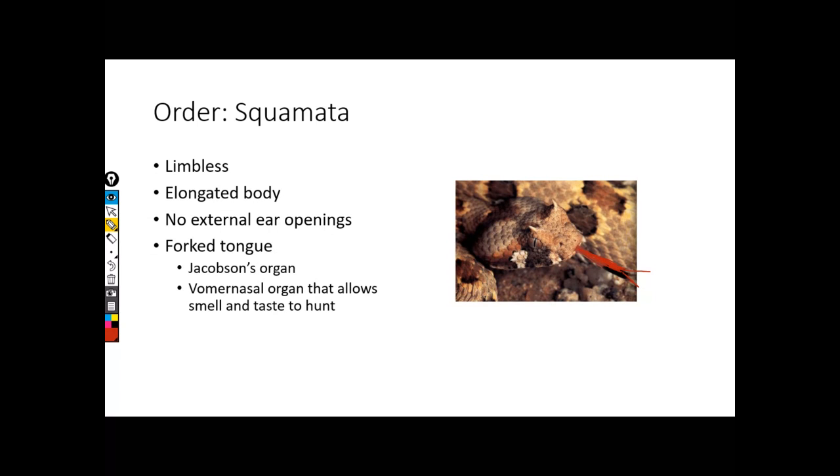And because it's forked, they're also getting direction. Is it coming from the left or right? This can tell them, do I need to go this way or that way to follow the prey I'm going after, as they're literally smelling and tasting the air to do so. So this is why the tongue is forked.